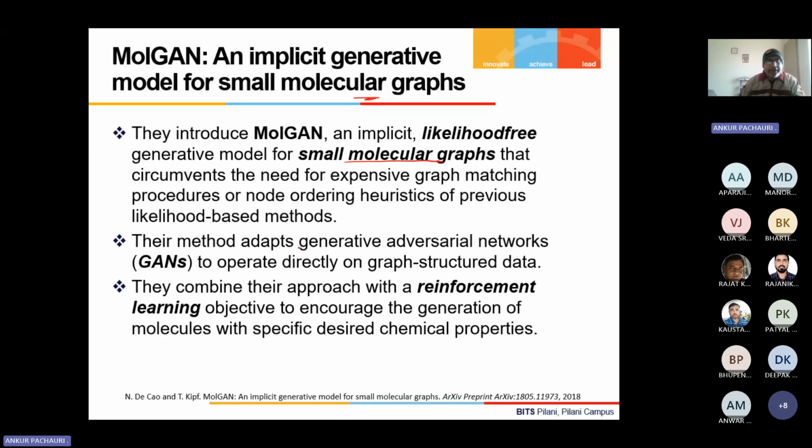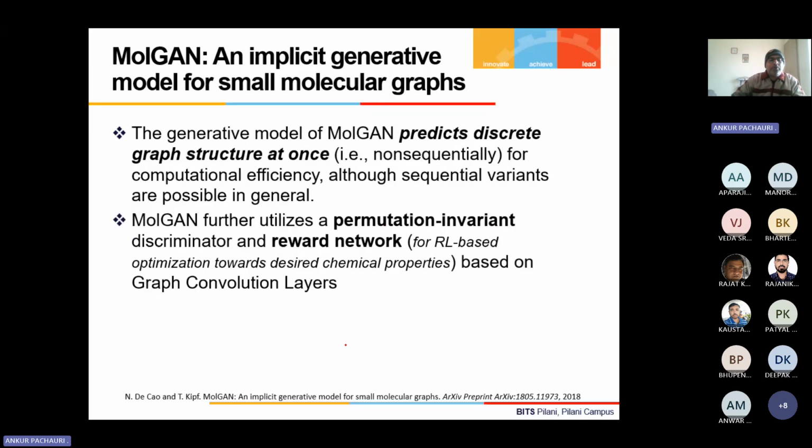This method adopts the GAN, generative adversarial network, to operate directly on the graph structured data. They combine their approach with a reinforcement learning objective to encourage the generation of molecules with specified designed chemical properties. The generative model of Molgen predicts discrete graph structures at once.